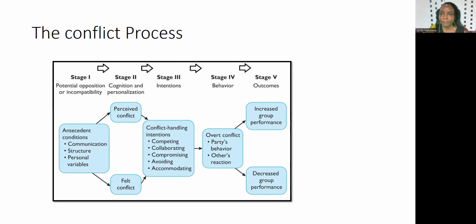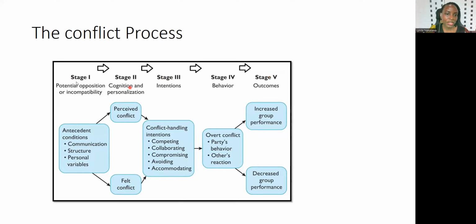Let me do something here so that I can highlight as I go along. Okay, so you have here the stages. Stage 1, stage 2, stage 3, stage 4, and stage 5. We say that there are 5 stages that show how conflict develops, how it grows, how it plays out.